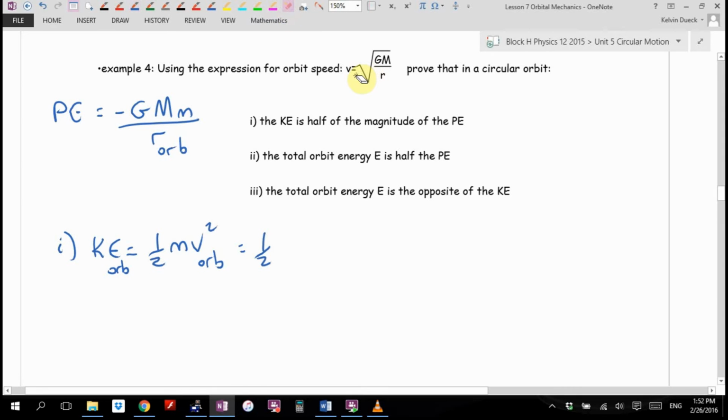What's V orbit? The square root of this. What would V squared be? So over here, let's write V orbit squared ends up being just big G, big M over R.